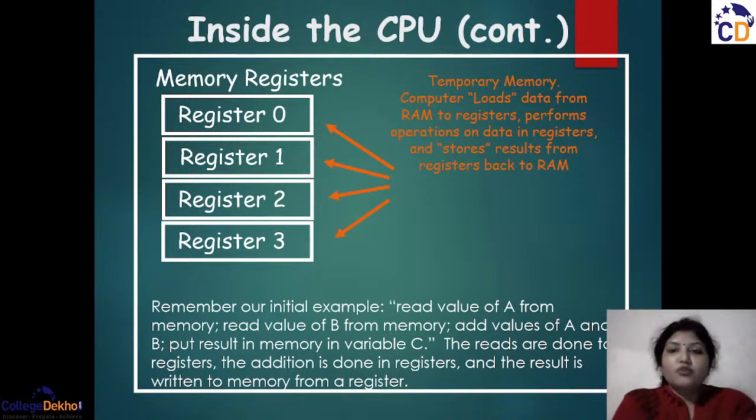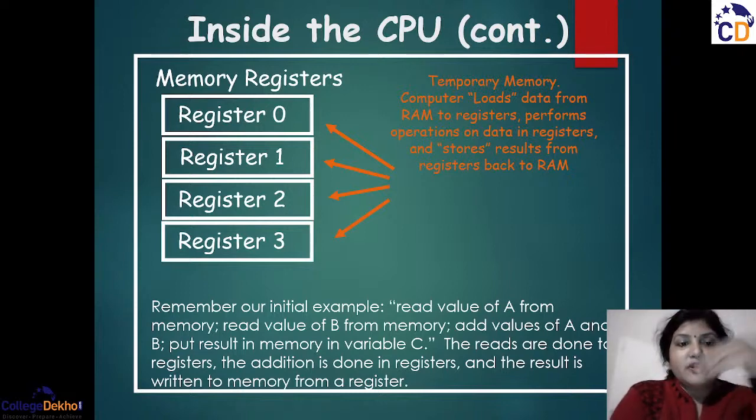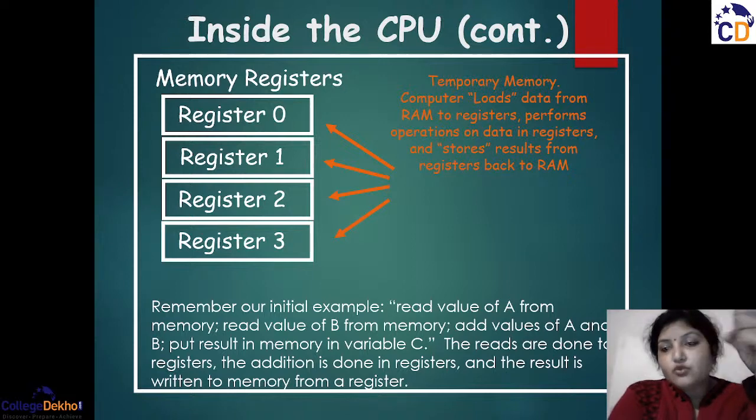So you should know whenever a computer loads the instructions, loads the data from RAM to registers, then we can perform operations on these registers. So there could be accumulator register, there could be many registers which can be used for performing these tasks, right? And after having the result, it stores the result from registers.